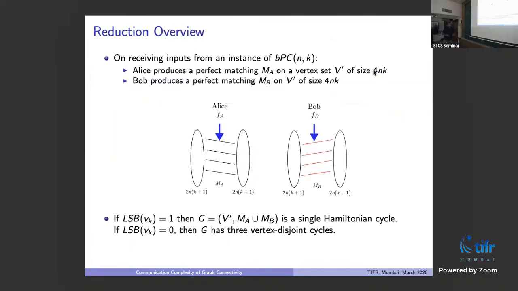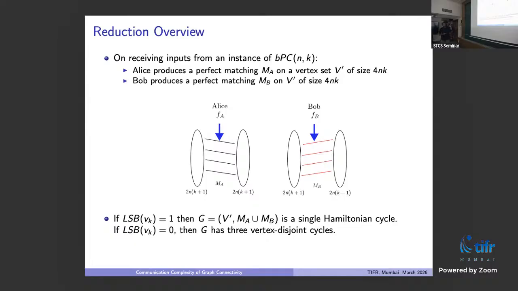Let me give a brief idea of the reduction. How does the reduction work? In the reduction, Alice and Bob want to solve the bit pointer chasing problem. They receive inputs which are perfect matchings of this form, bijections on a vertex set of size n each, and they want to chase a k pointer.